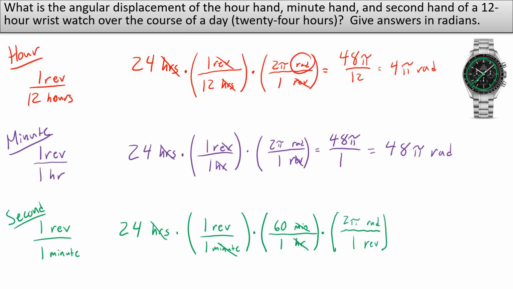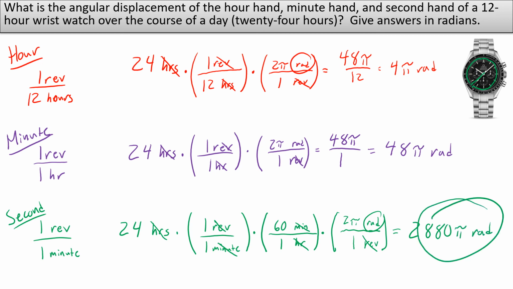And again, I put the revolutions on the bottom because they were on the top over here, and we're going to be left with radians. If we do 24 times 1 times 60 times 2 pi, and then divide it by 1, you're left with 2,880 pi radians.